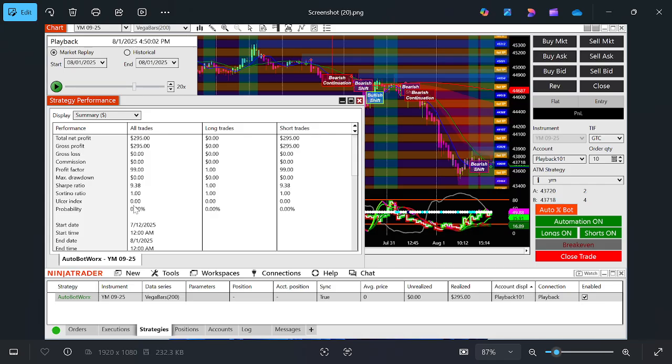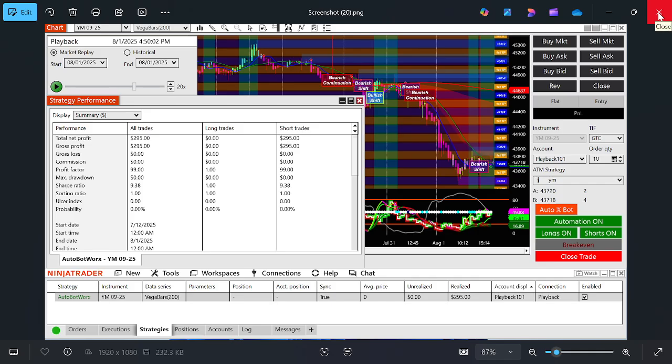Okay, so that 9% was a really good win rate day. Obviously, profit factor is through the roof because we only had one trade and it was profitable. But still, not enough profit for trading one mini for an entire day through London and New York for me to be happy with it.